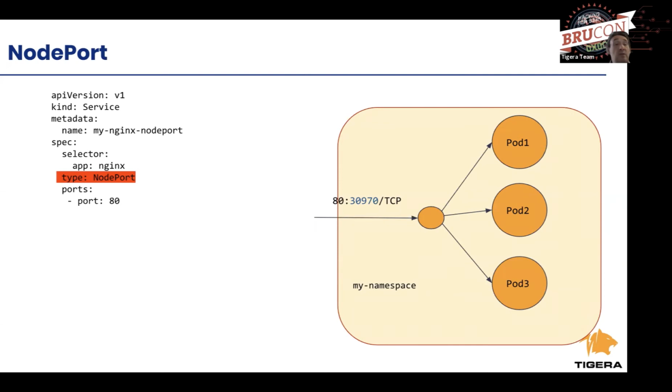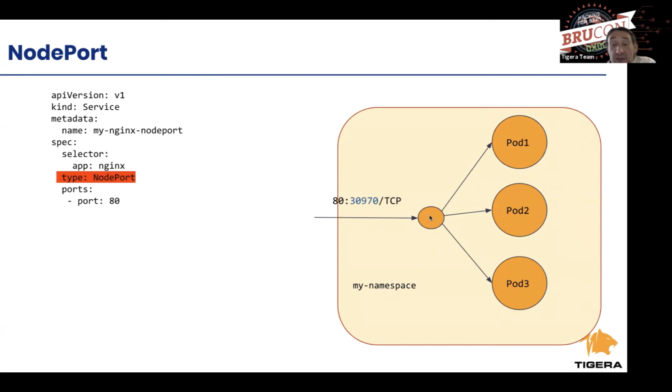Now, to make sure that our applications are reachable from the outside, we need to slightly modify this service definition. So once we define the service type of NodePort, in the previous slide I omitted this, but you could basically say type ClusterIP. If we change it to type NodePort, additional steps happen. So once you apply this NodePort service, what will actually happen is exactly the same.